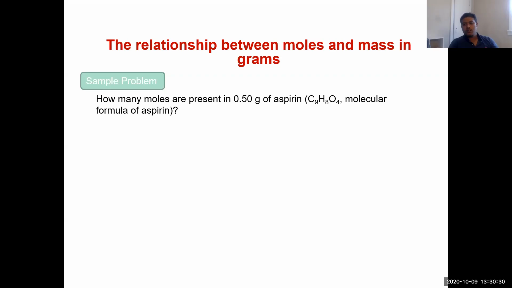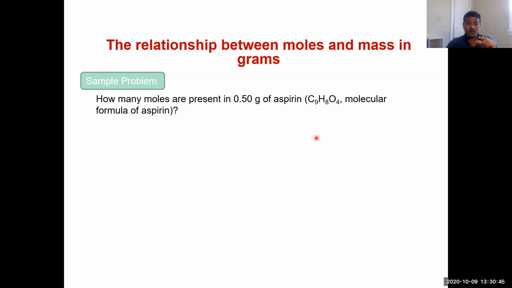So how you do this is you identify the atomic mass of each different element, and you multiply it by how many times it is present. So in aspirin, there are 9 carbons.